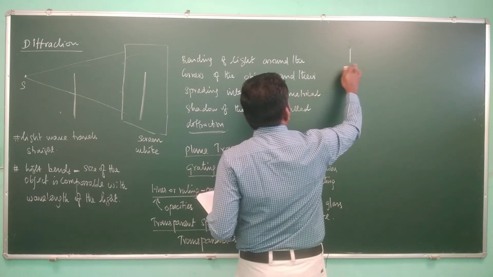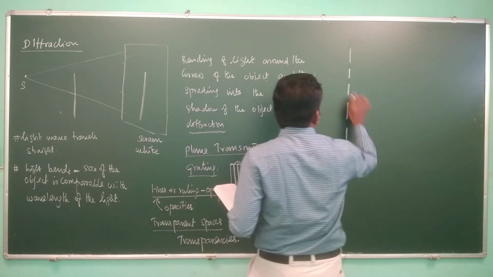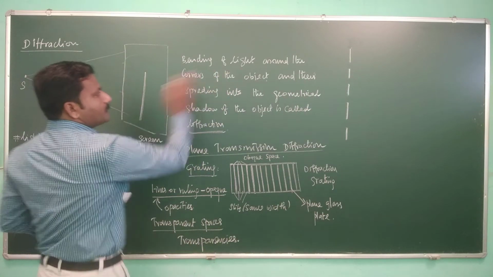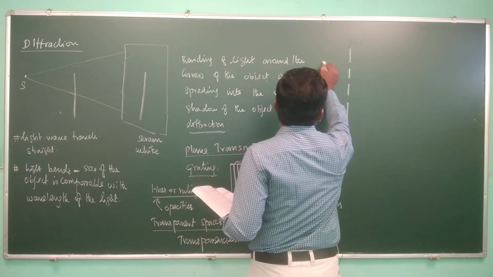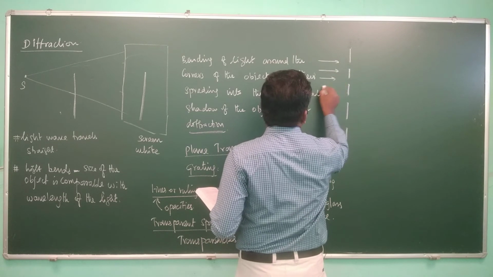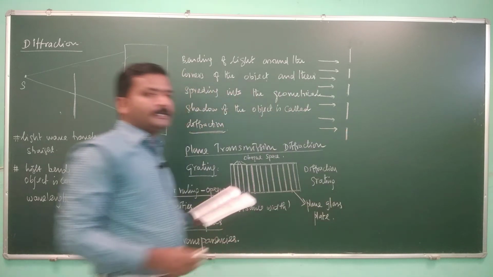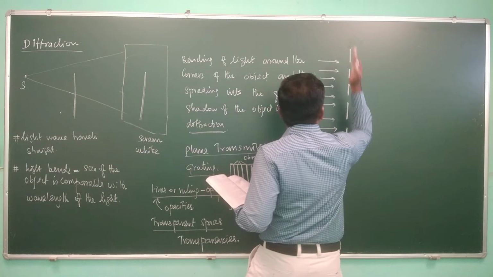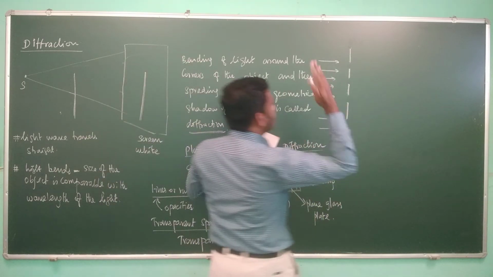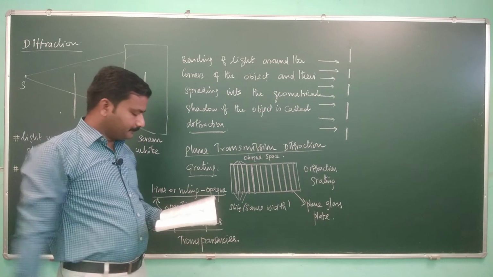In this, the open spaces are transparencies. We are placing the diffraction grating so that light comes from this direction, and the grating is placed perpendicular to the direction of the light. Light travels in this direction and this plane grating is placed perpendicular to the direction of the light waves.